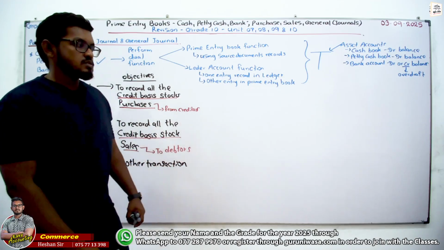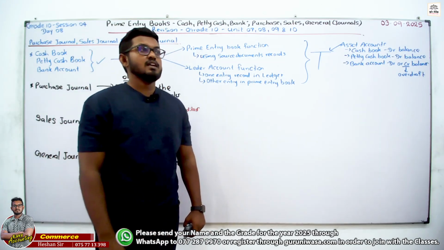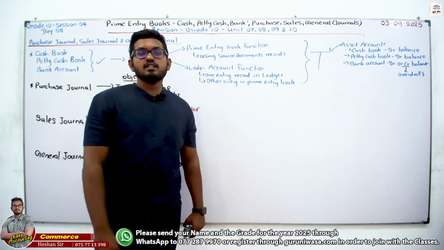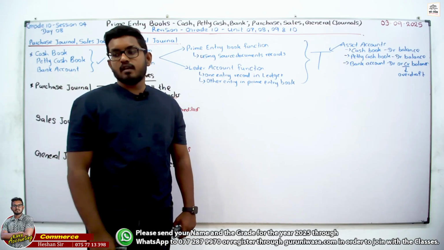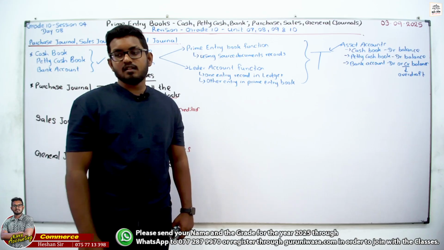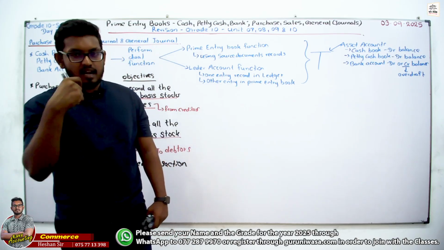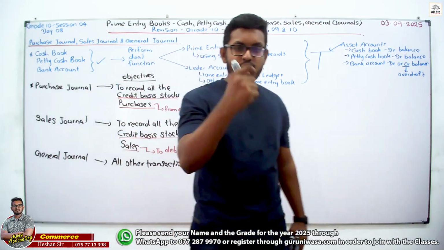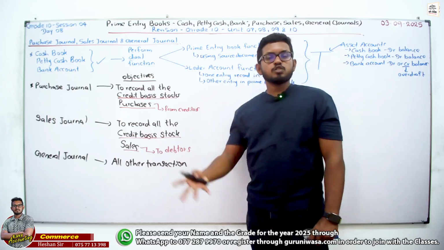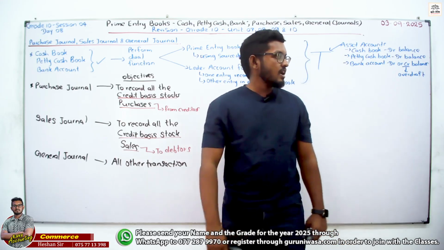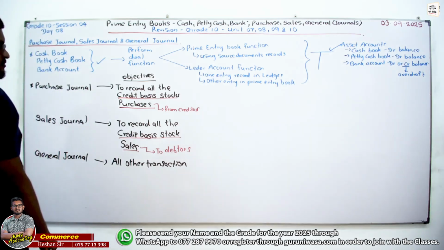All other transactions means owner's goods drawings, purchase of non-current assets on credit basis, sale of non-current assets on credit basis, error correction entries, adjustment entries, opening entries, closing entries. Likewise, everything comes to the general journal.